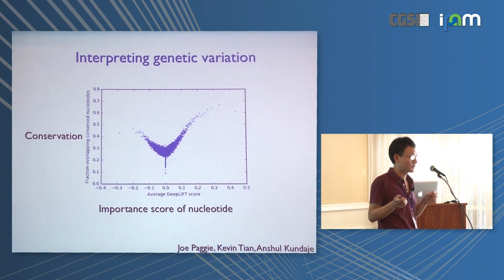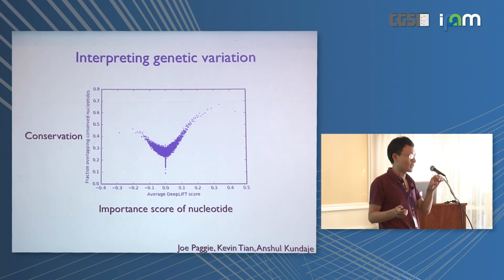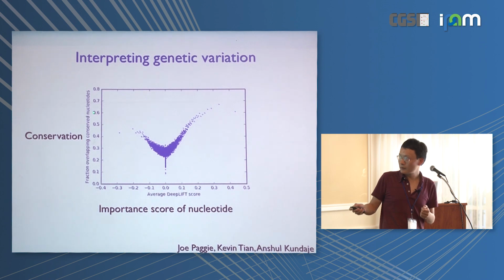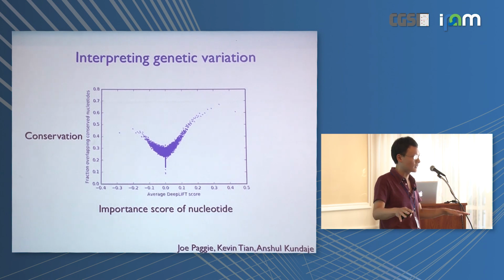Here the x-axis corresponds to the importance scores of the nucleotide. Now you can apply this network to the whole genome. I can apply it to the human genome and assess the importance score of each nucleotide. That's the x-axis, and the y-axis is the conservation of that nucleotide. So this is applying the model to sequences it has never seen during its training process.